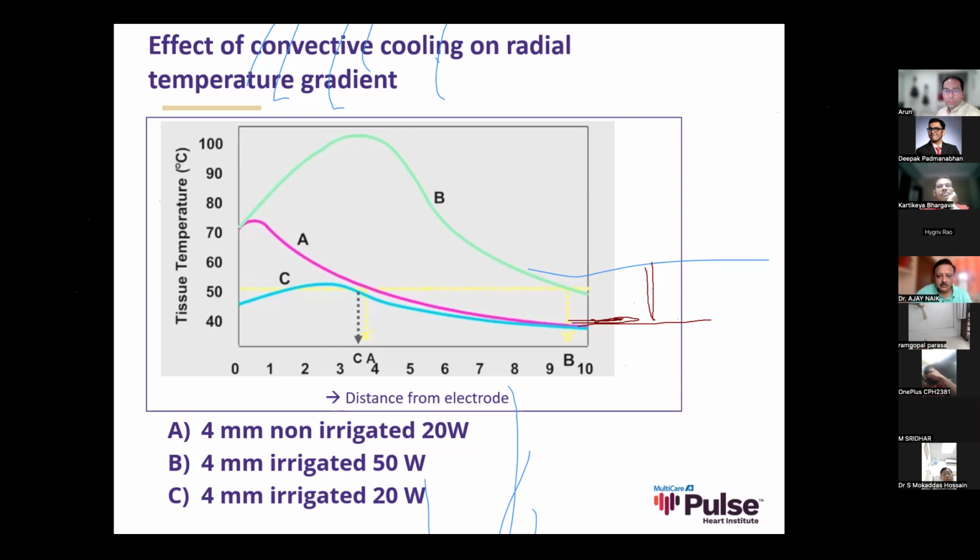So if energy is doing the job, how much energy is needed to produce the lesion? I have a question here on the chat. We say 50-degree temperature produces damage. How much is that in energy terms? Actually, we don't know the answer to that. It depends a lot on what the tissue is.